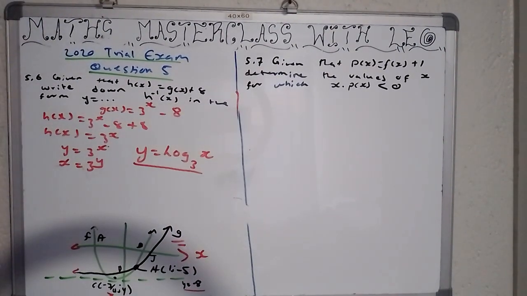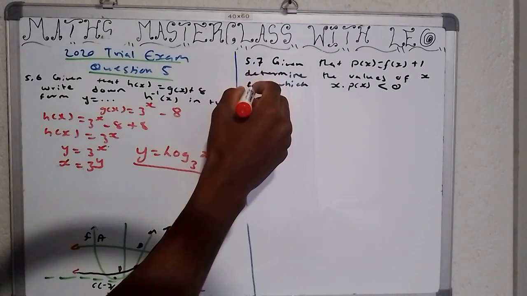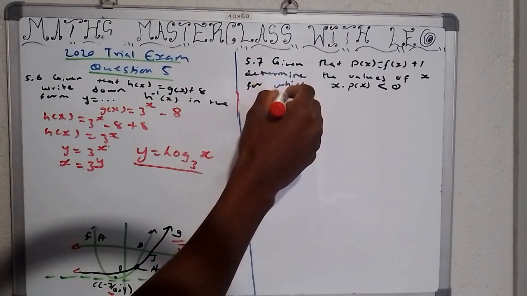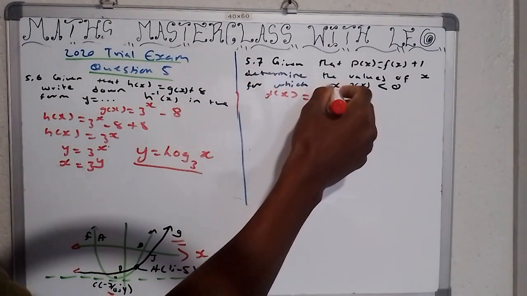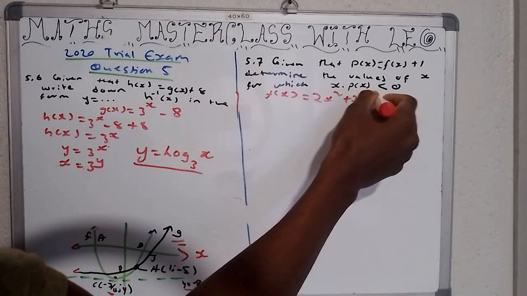Very simple and straightforward, similar to the one that we did, but a different concept. Okay, given that p of x is equal to f of x plus 1, determine the values of x for which x multiplied by p of x is less than 0, right? We know that f of x is equal to 2x squared plus 3x minus 10.